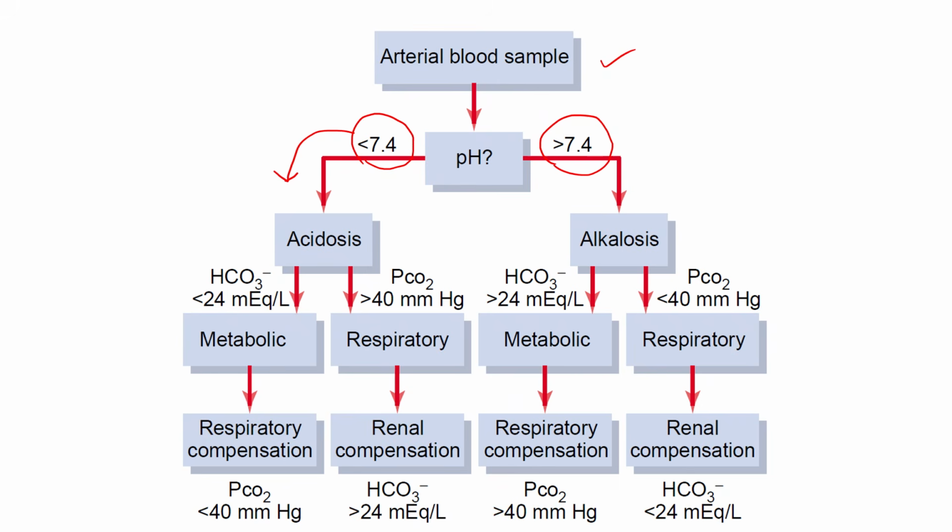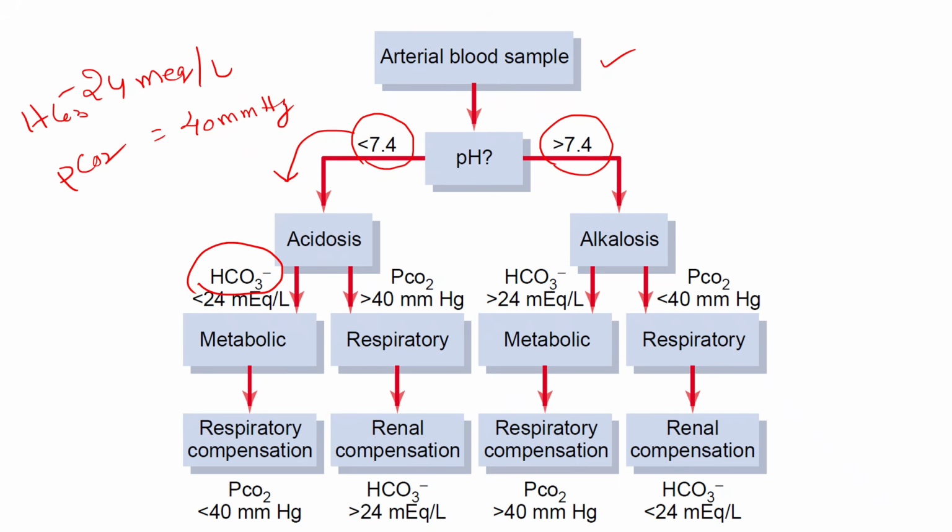And remember two values, 24 milliequivalents per liter bicarbonate and CO2 40 mmHg. Now the next step is, if bicarbonate is low, we call that metabolic acidosis. If CO2 is more, we call that respiratory acidosis.